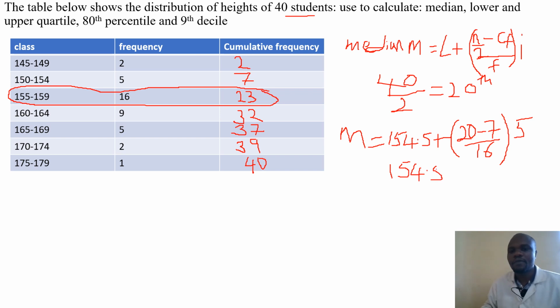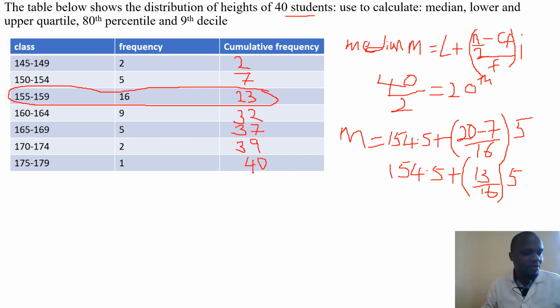So we have 154.5 plus 20 minus 7, which becomes 13, divided by 16, and then we multiply this by 5 outside.